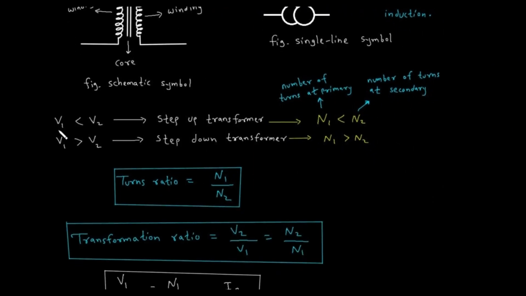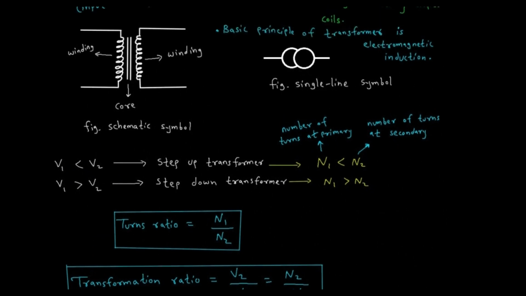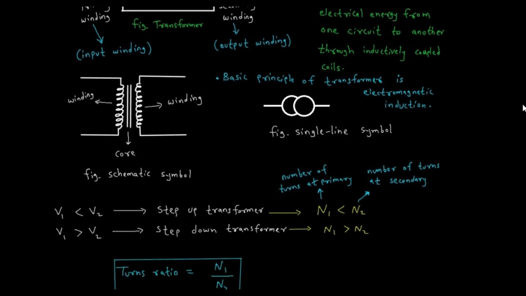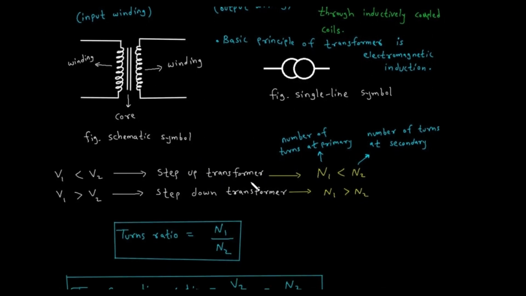Then if V1 is less than V2, that means the input voltage is less than output voltage, or we can say output voltage is greater than input voltage. Suppose here we are applying 5 volt and here we are getting 10 volt. That time that transformer is a step up transformer.